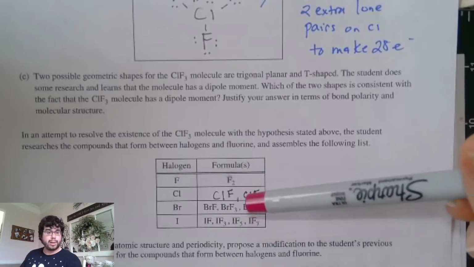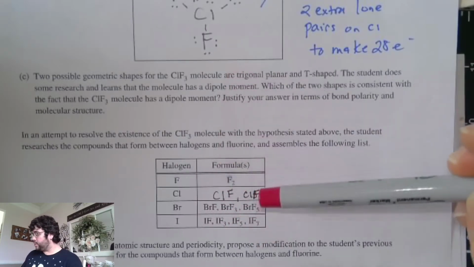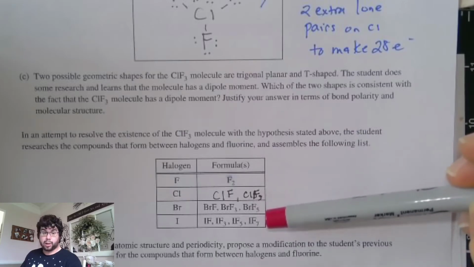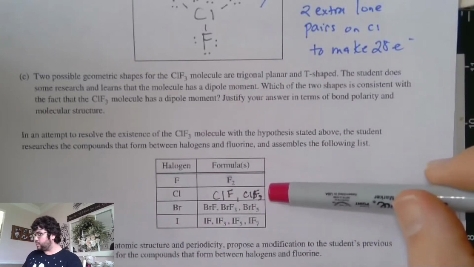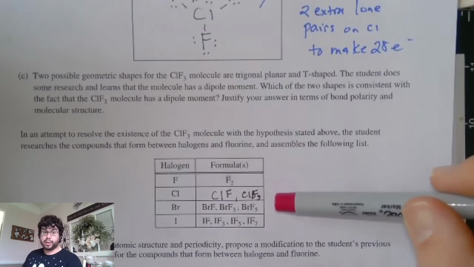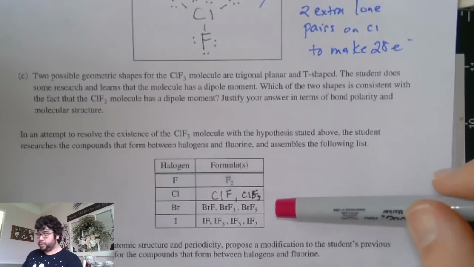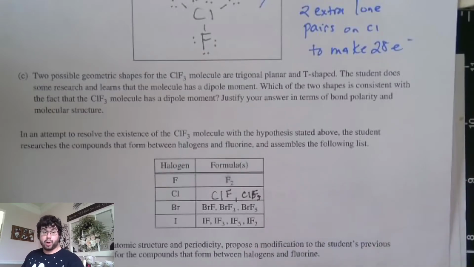So there seems to be some kind of pattern here. There's an increasing number of molecules that the fluorine can make with another halogen. And every time you go down the periodic table in the halogen group, you get another possible molecule, and it's always going to have more of the fluorines bound to that central atom.